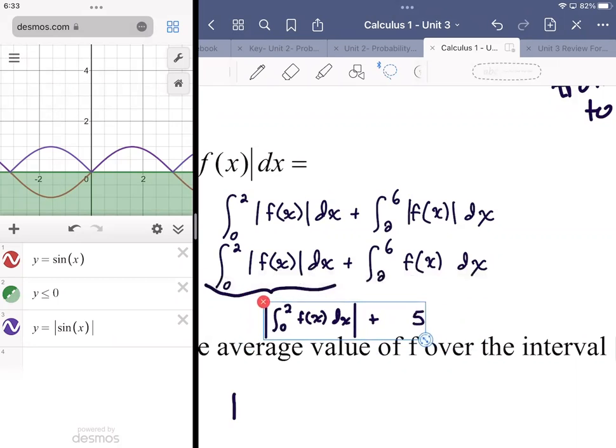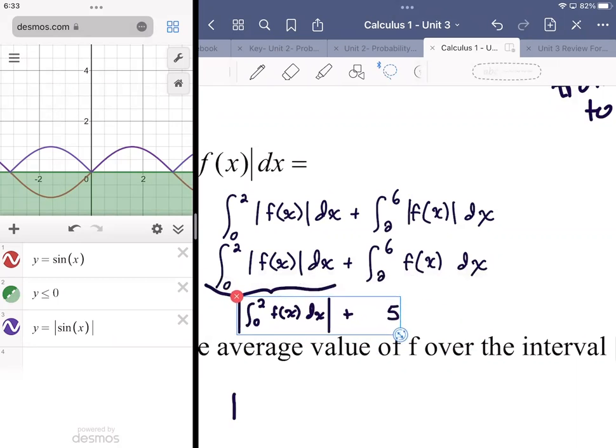And the benefit of that is that we already know what the antiderivative of 2 is, the integral over the interval of 0 to 2 is, and that is negative 1.5. The absolute value of that is a positive 1.5 plus the 5 results in a 6.5.